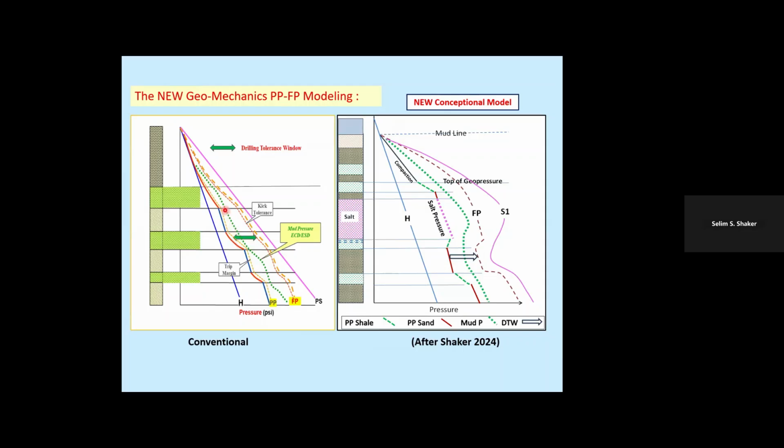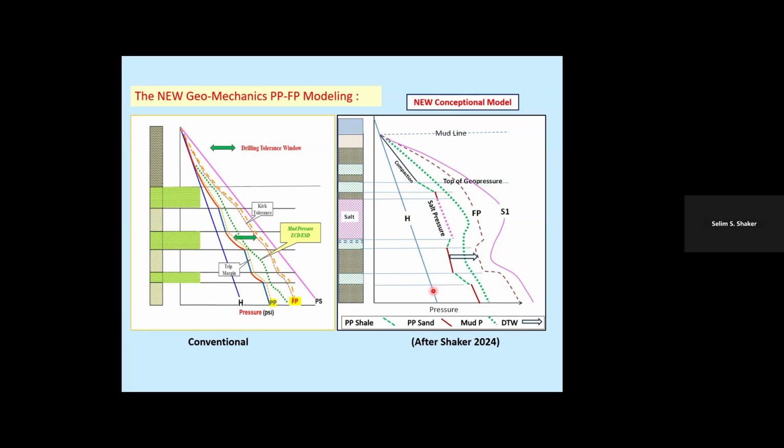Pore pressure is supposed to be divided into two parts, in the shale and in the sand. Sand is always linear. And then here, frac pressure. This window between the pore pressure and the frac pressure is the drilling tolerance window. You can go below, you can go above, and your mud weight has to be in between.